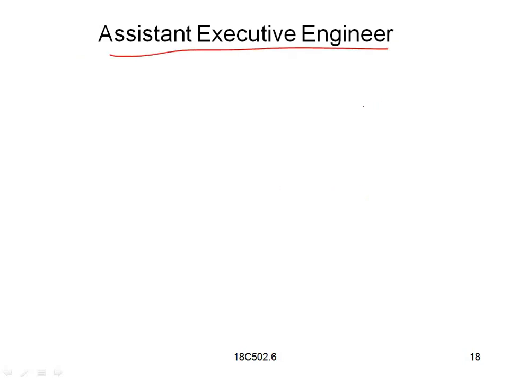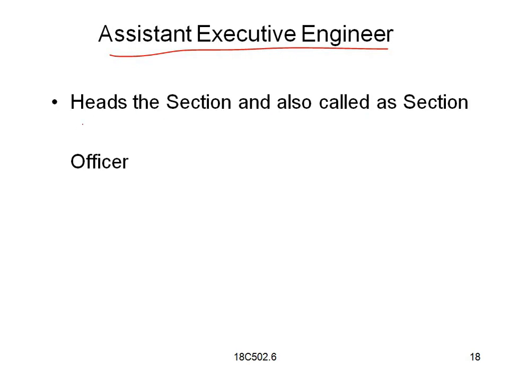So this assistant executive engineer also heads the section and is also called the section officer. So we will call him the section officer. This section officer will look after the works, whatever works there are, government works or any private related works. So he will be authorized by his signature, and he will be checking all the bills and estimates and quantities, and any problems in the bills.